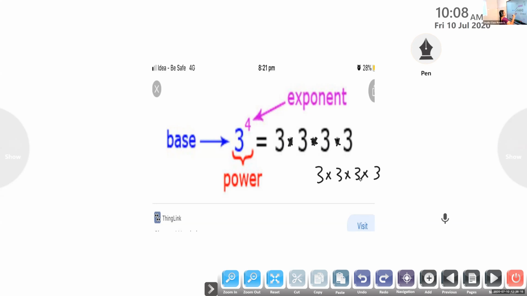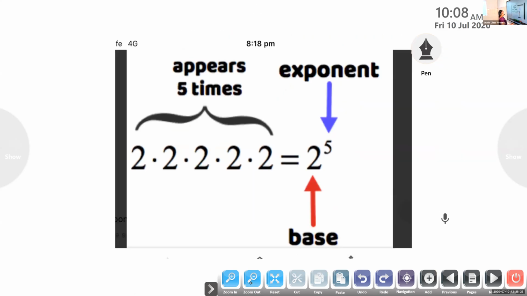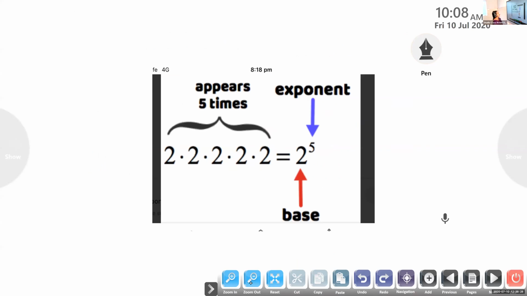Power means it is raised to a number, and that number is the exponent. Two raised to 5: 2 is the base, 5 is the exponent, and 2 is multiplied 5 times.